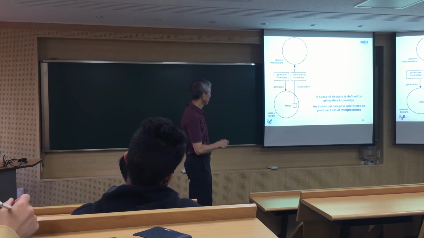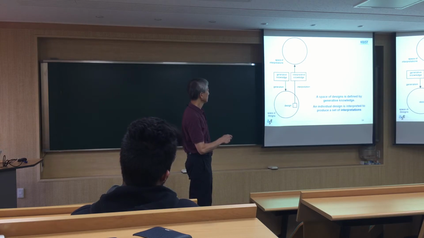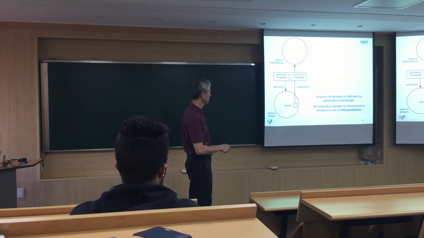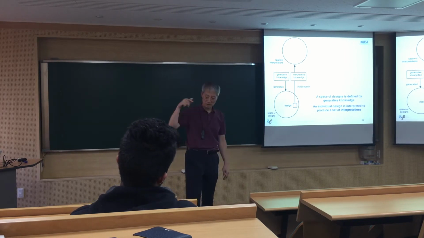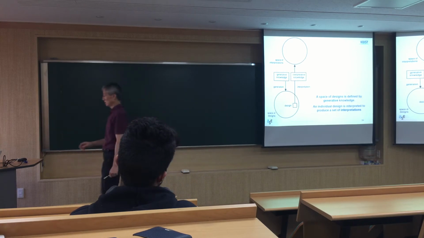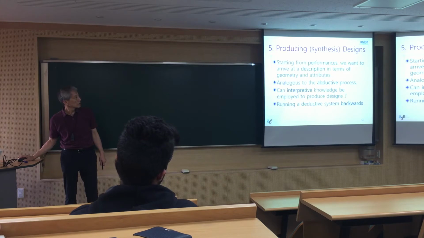But abduction is the reverse way. Starting from meaning or required performance, arrive at a specific design, a description of design. So we still use interpretive knowledge, but in a different, reverse direction.